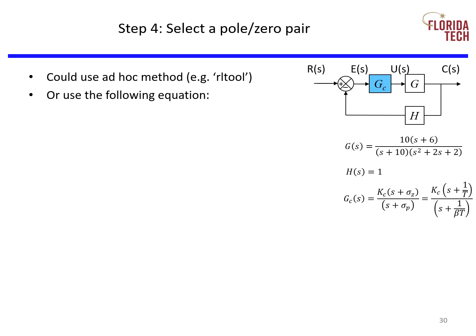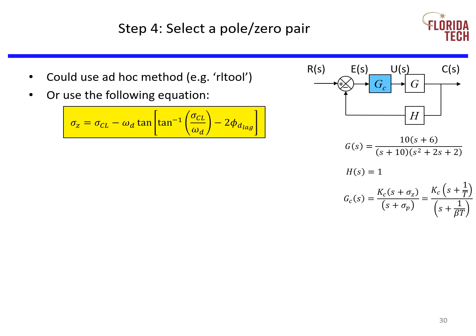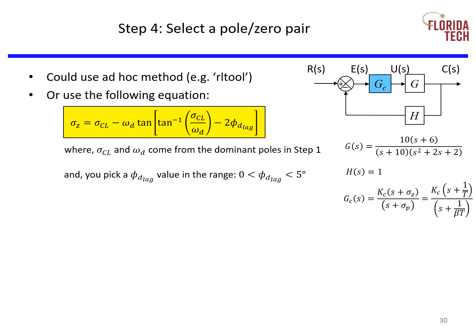For step 4, we could use an ad hoc method like trying things using RL tool, or we can use the equation in the yellow box. Sigma CL and omega D come from step 1, and we pick a value for phi sub d lag. We can start with the midpoint of 2.5 degrees.